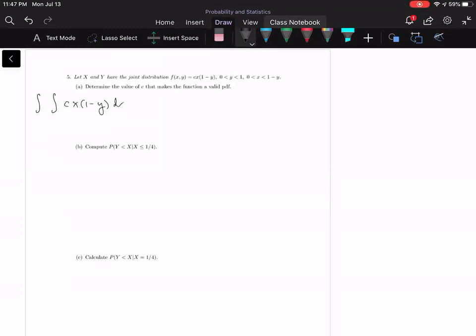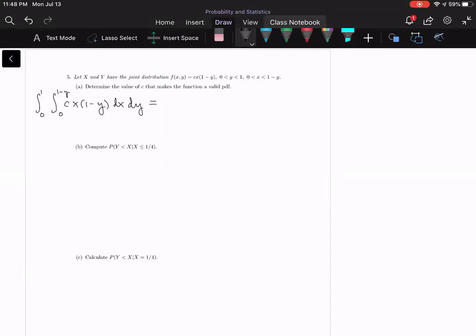I'm going to integrate x first and then y, because x is dependent on y, and y isn't dependent on x. So x goes from 0 up to 1 minus y, and y will go from 0 to 1. This has to be equal to 1. I'm not going to write that in yet, just because I like having the 1 equality at the end.